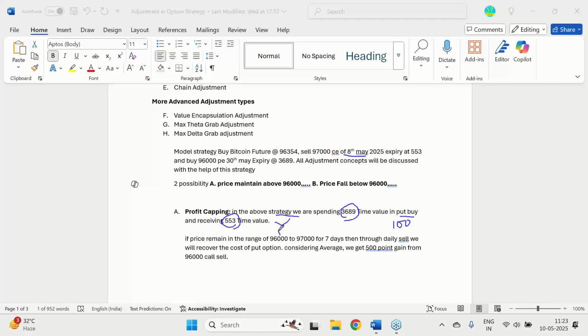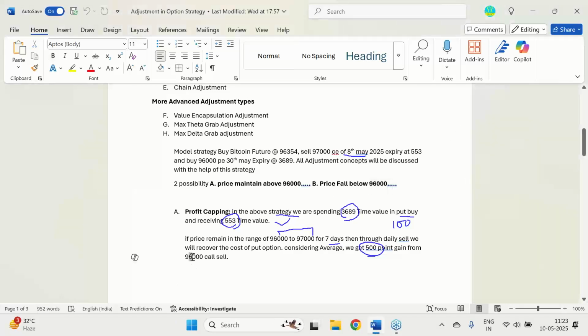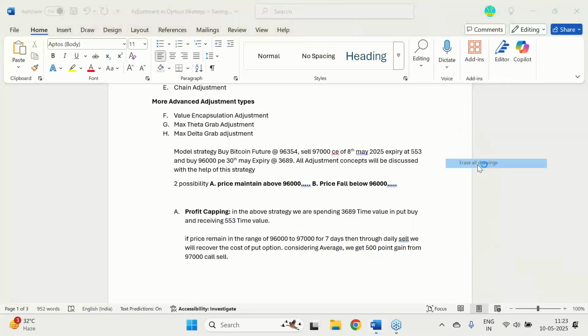Suppose the price remains in the range of 96,000 to 97,000 for 7 days, and every day we get some 500 points gain by selling that 97,000 call, on average 500 points.